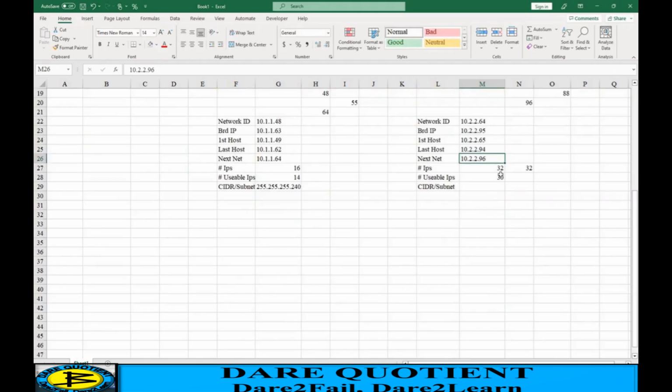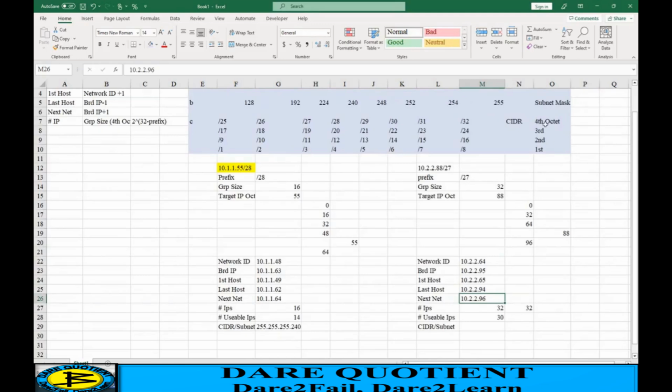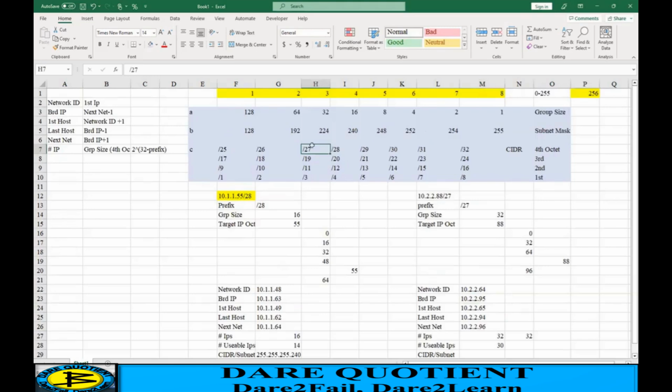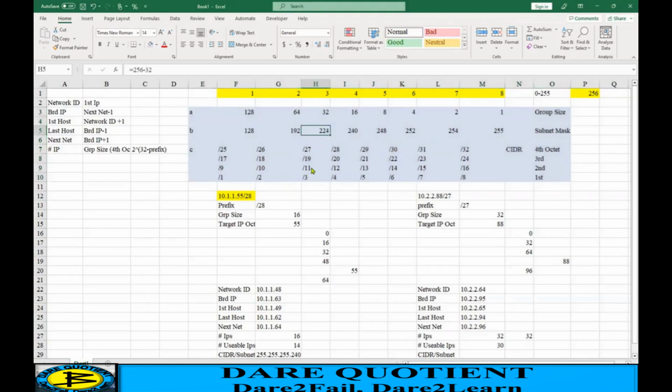Now, onto our CIDR subnet mask. We know we're dealing with the full octet, a /27. That gives us a subnet mask of 224 right here. So /27, our subnet mask is 224.